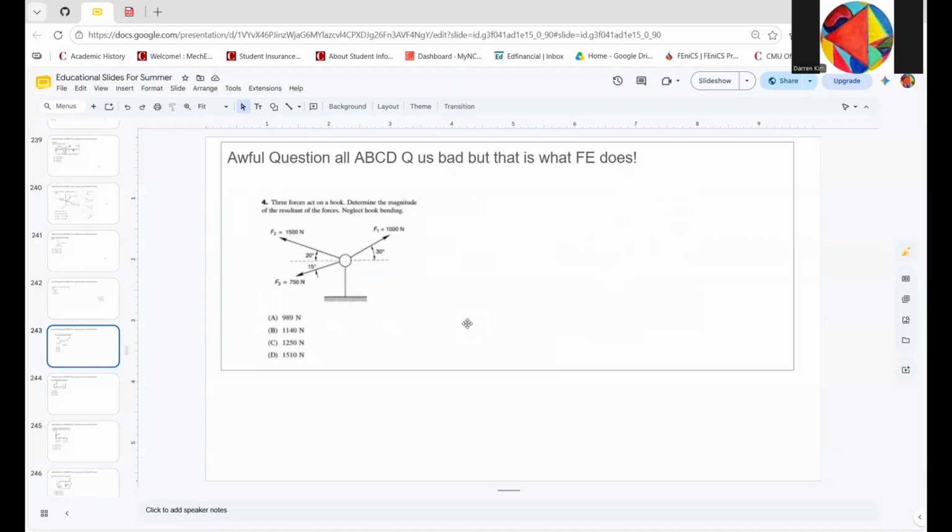Three forces act like a hook. Determine the magnitude of the resultant force, neglect hook bend. Okay, so there's a hook and there's a magnitude force. So in these types of questions, which one do you want, resultant or demand?